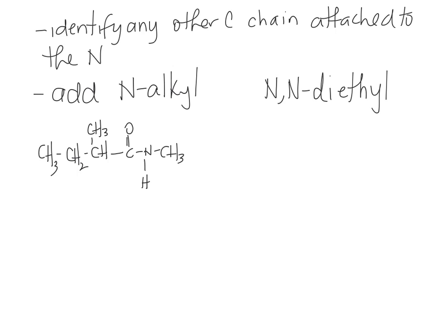So let's name this structure. Here's our functional group. We've got an amide. So we have to identify the portion that contains the C double bond O, the carbonyl group. So it's here. The longest continuous carbon chain is 4 carbons. It has a methyl group as a side group.